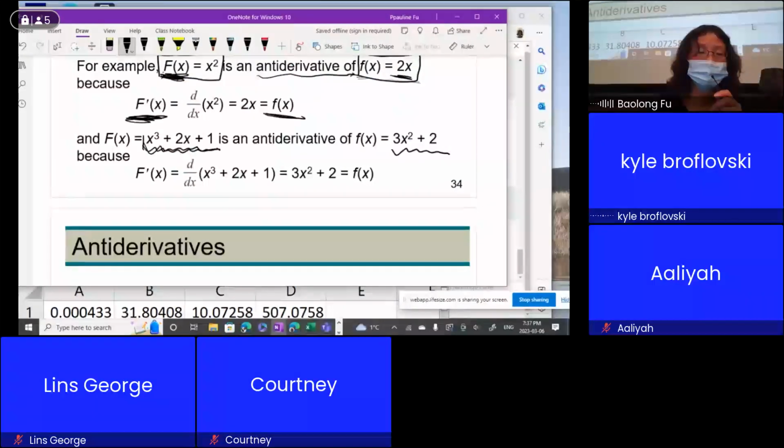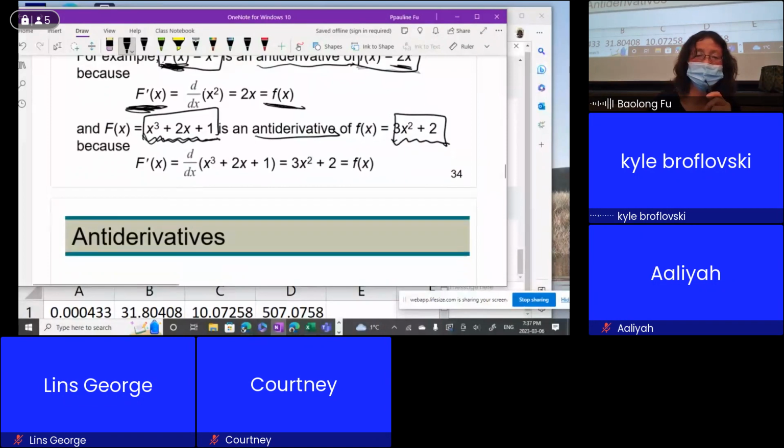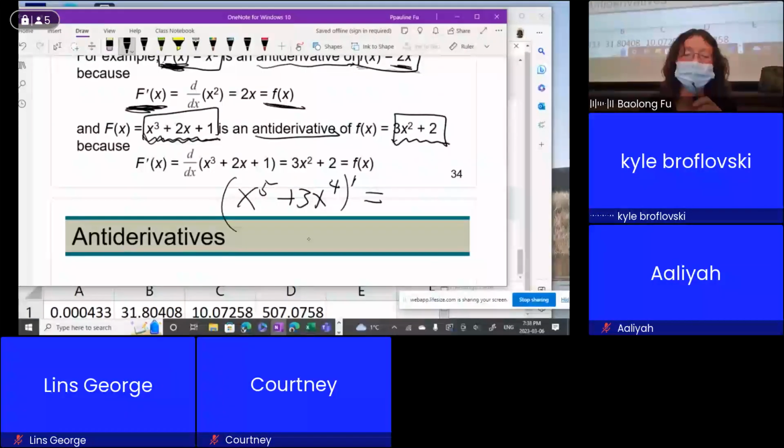And we call this function the antiderivative of this function. Any questions? Okay, still another example. If you take the derivative of this, what do you get?